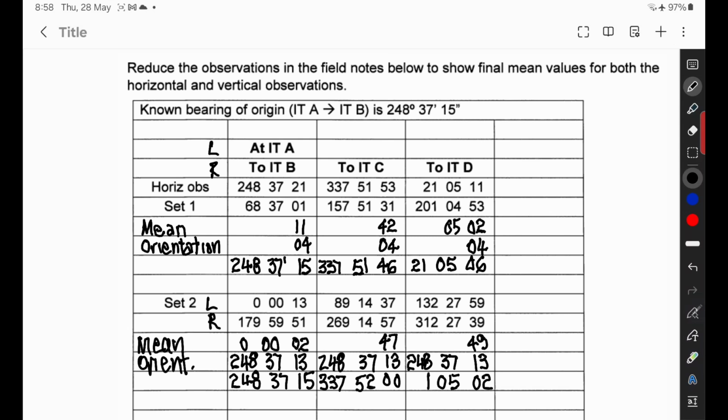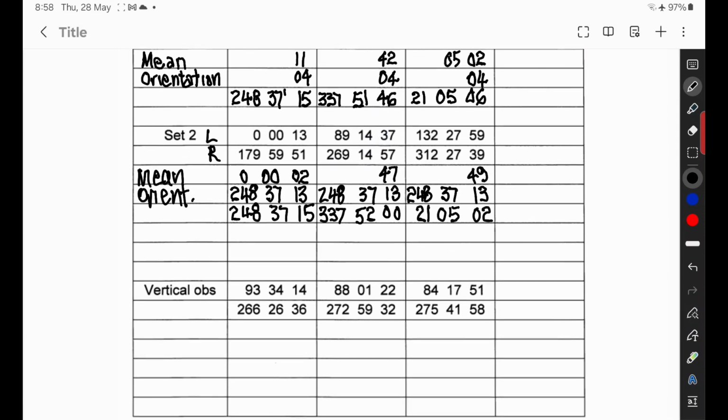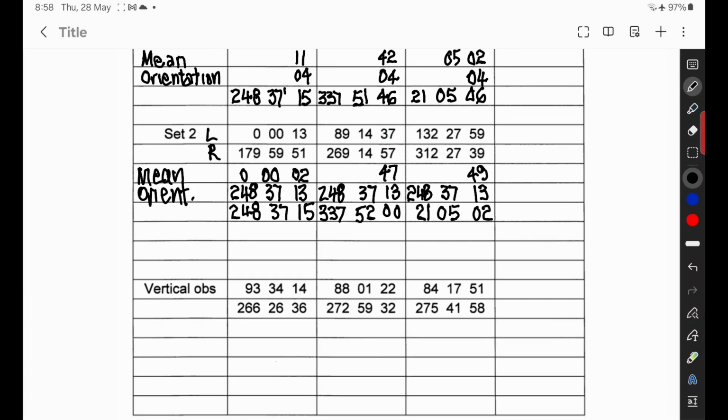Okay, so we've got 130 plus 248, which is going to give us 370, 380, so that's going to be 21. We went past 360, so we just subtract 360. 210502.